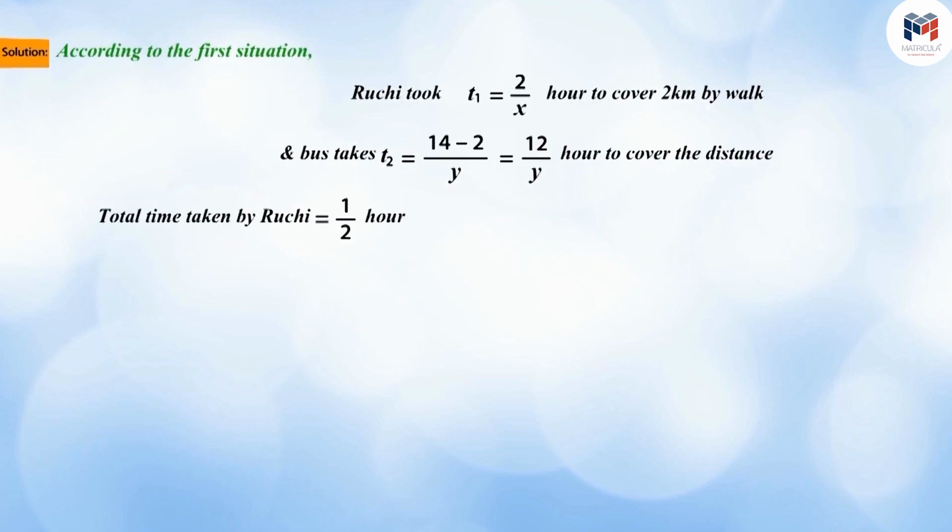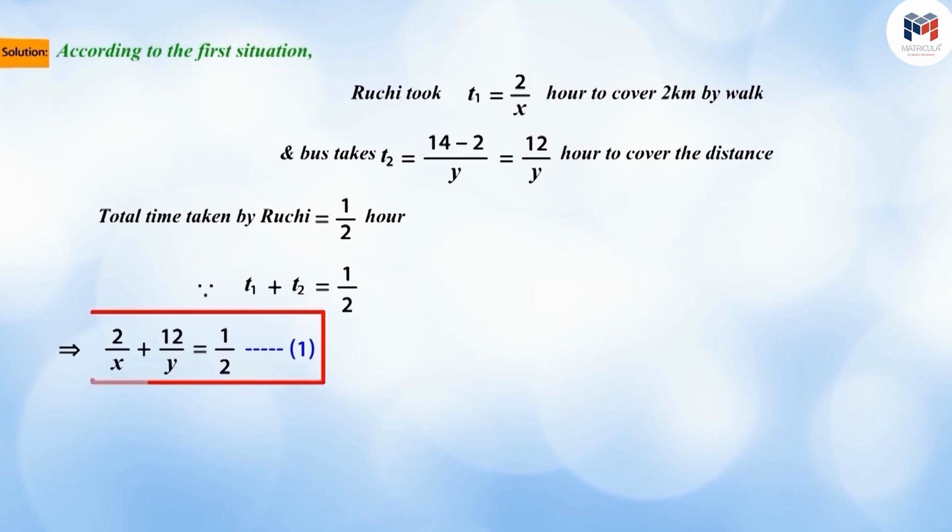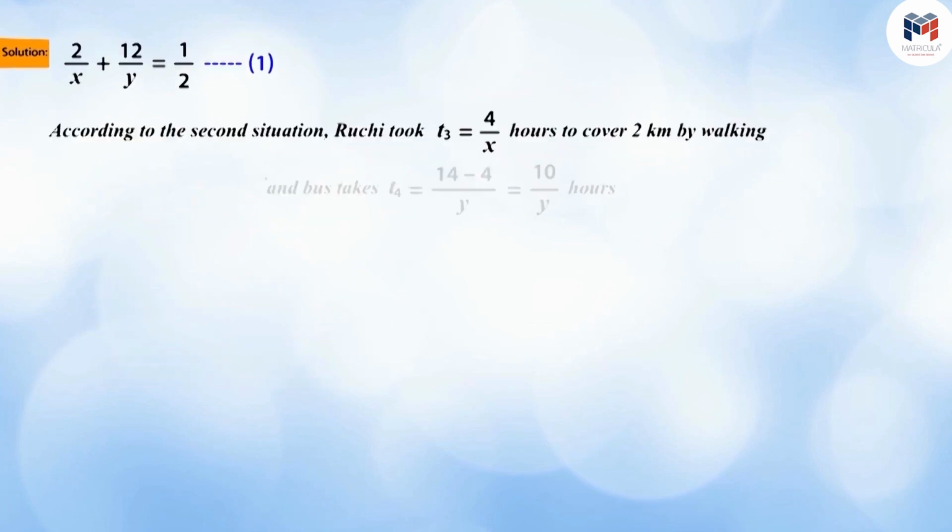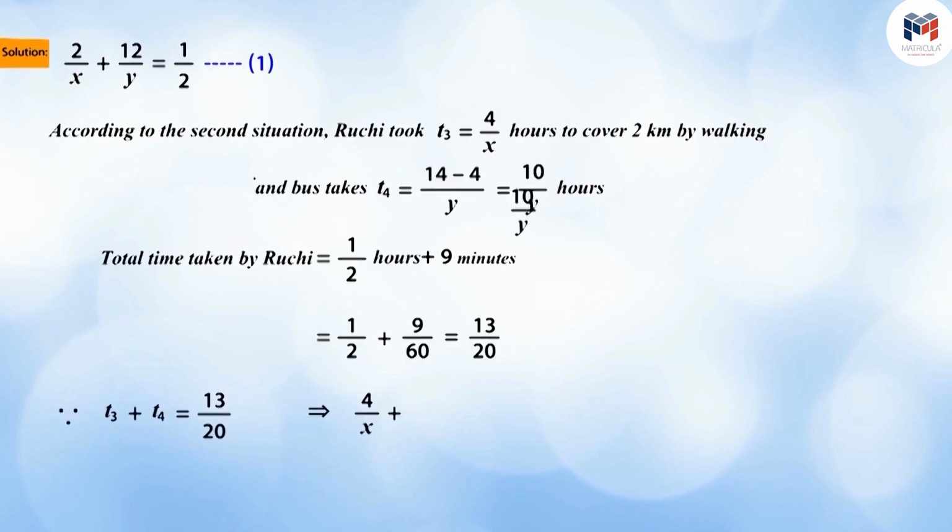This way, Ruchi will take t1 plus t2 is equal to 1 by 2 hours to reach home. This gives us equation 1. Similarly, situation 2 gives us our second equation.